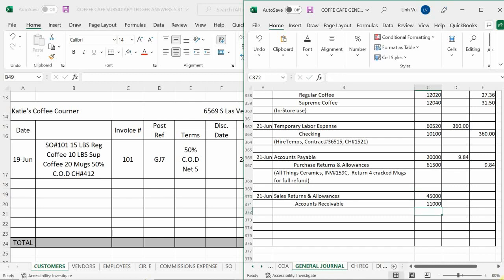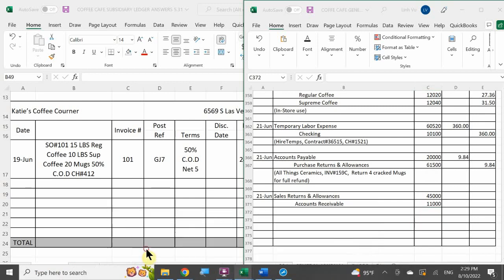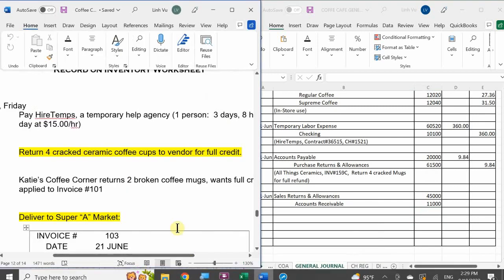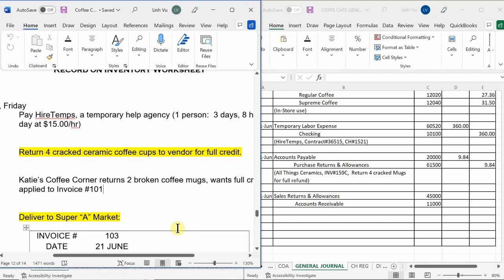Now, how much are we going to reduce Katie's invoice by? How much are we going to reduce Katie's invoice by?